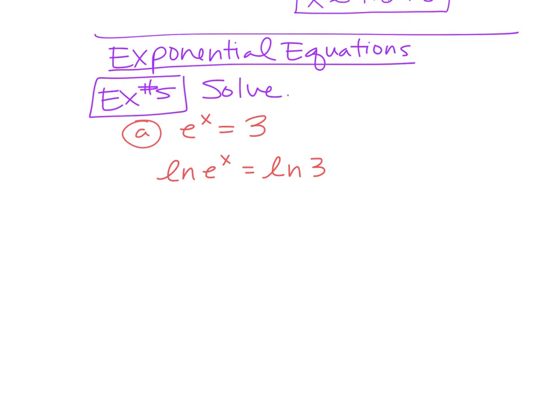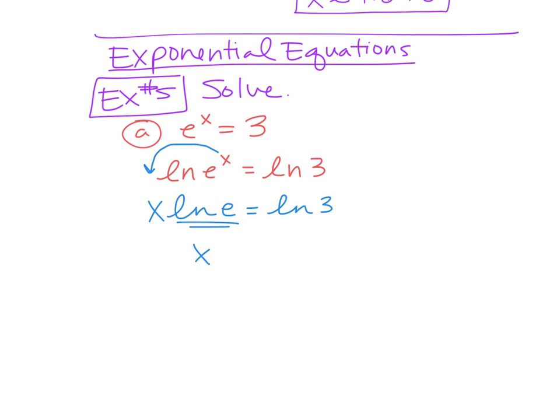When there's an exponent with the natural log like this, what do we do with that exponent? Move it to the front. So you have x times the natural log of e. What is that? x times 1, which is just x, because the natural log of e is equal to 1.